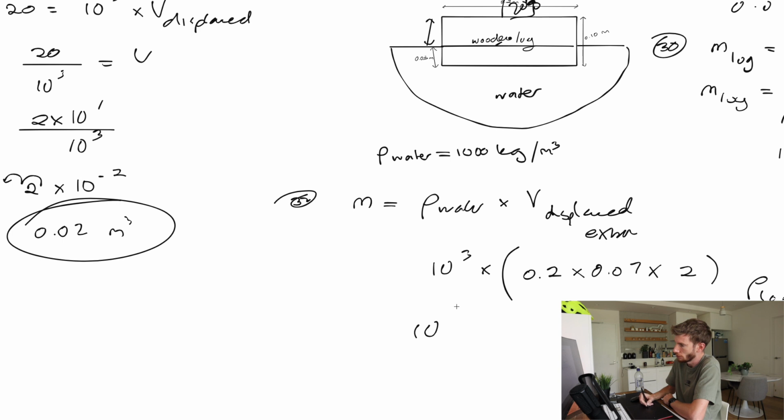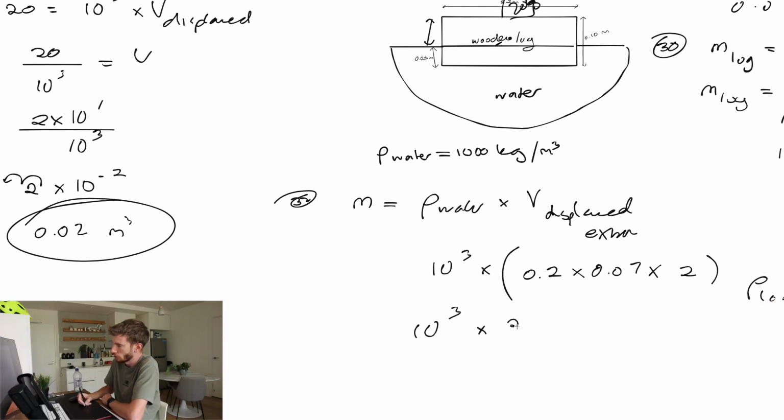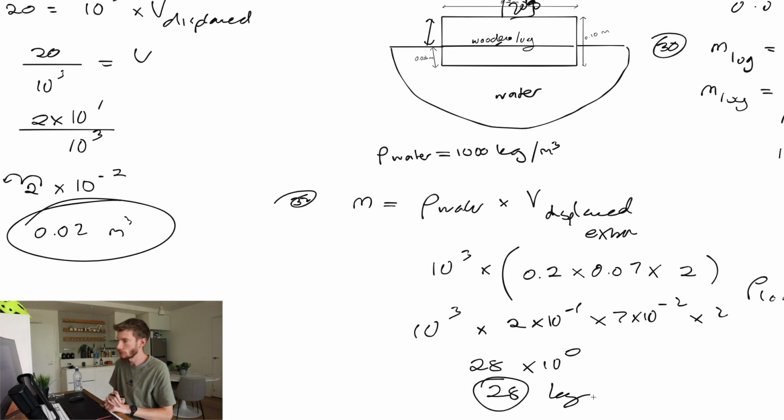And again, if we do scientific notation on that, then we can call this 2 by 10 to the negative 1. This is 7 by 10 to the negative 2, and this is 2. So all the non-zero numbers, 2 times 7 times 2 gives us 28. And then we can apply index laws. 3, take away 1 is 2, take away 2 is 0. So again, we get 28 kilos, and we get our answer, just like that.